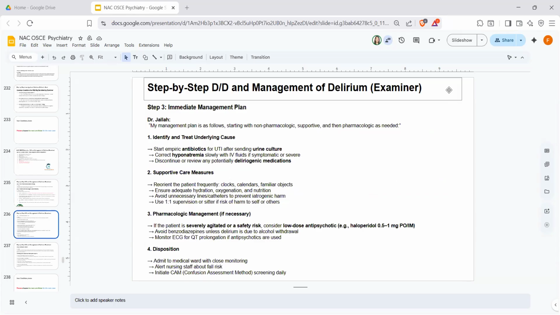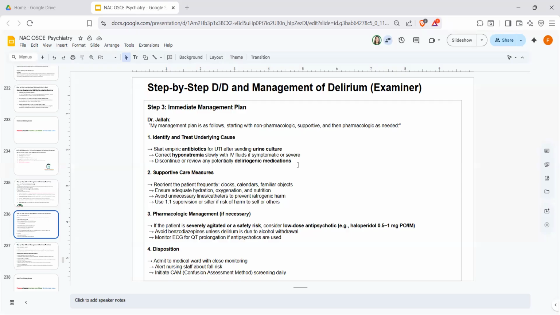Once you do your differential diagnosis, since the station is also of management, you would start with your management plan. Since the patient is delirious and the likely cause is a UTI, you would present it as: my management plan is as follows. I'm going to start with non-pharmacologic, supportive, and then pharmacologic as needed.